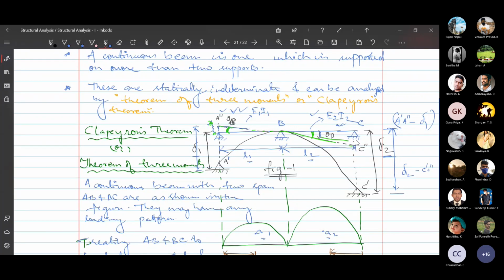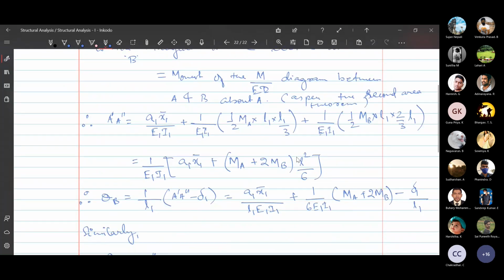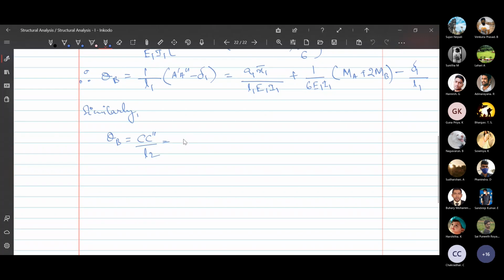Only this part. Here the total distance is delta 2. So it is delta 2 minus C dash into C double dash, so I can write it as delta 2 minus C dash into C double dash by L2. Now, what is this C dash C double dash? Similarly, it is the deflection.